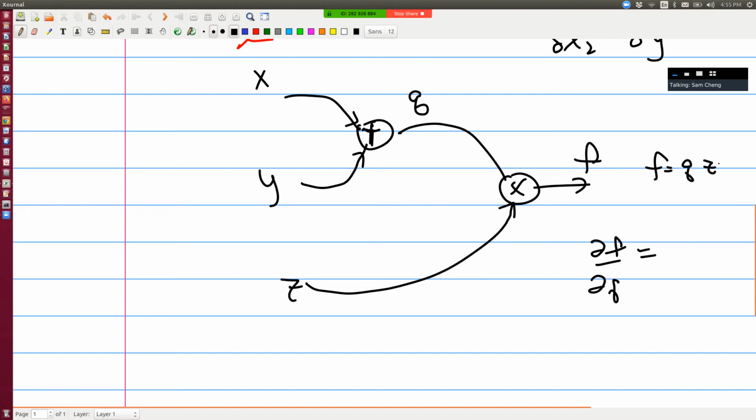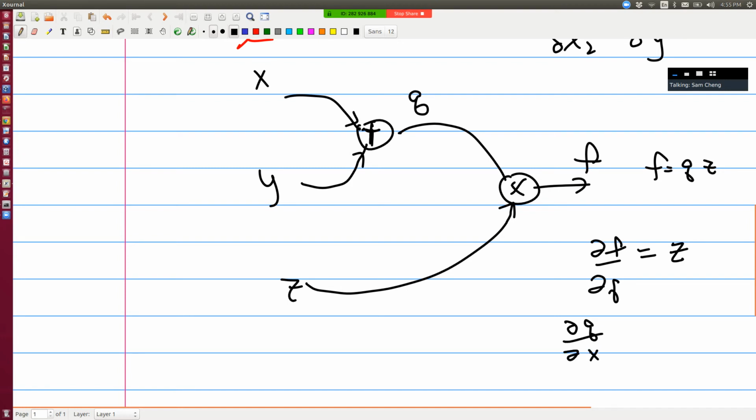So partial f, partial q is, calculus 101, just z. Then we don't care about x at all? No, we need to care about that, but x is just an input.